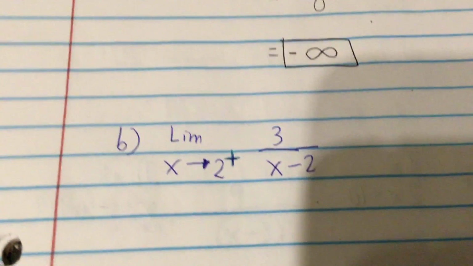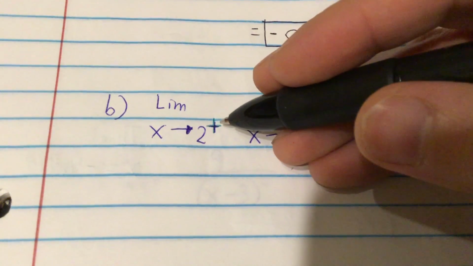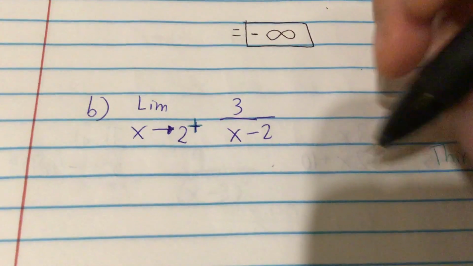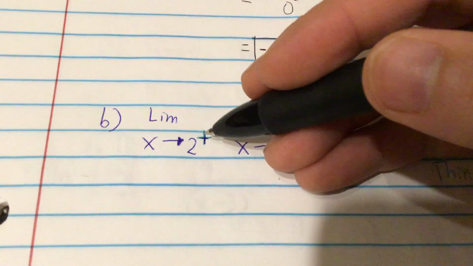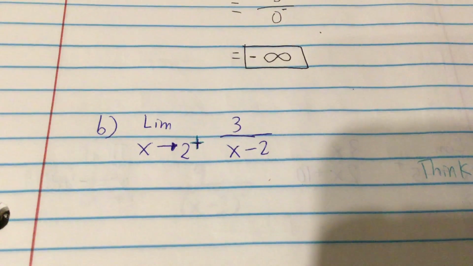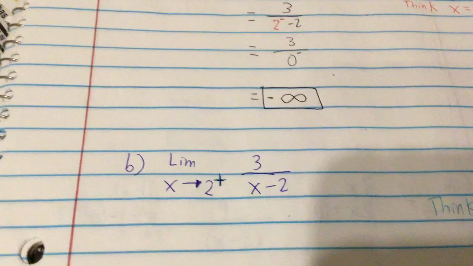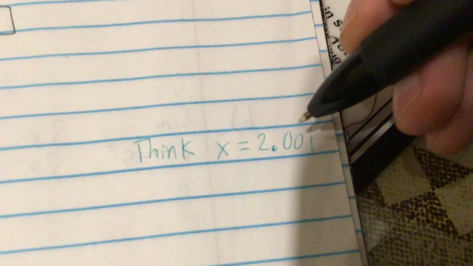Okay, so let's take a look at the right side now. The limit as x approaches 2 from the right for 3 over x minus 2. So what do I mean by the right-hand limit? Well, that is a little bit bigger than 2. So what's a number that's just barely, and I mean barely bigger than 2? Let's think to ourselves 2.001.